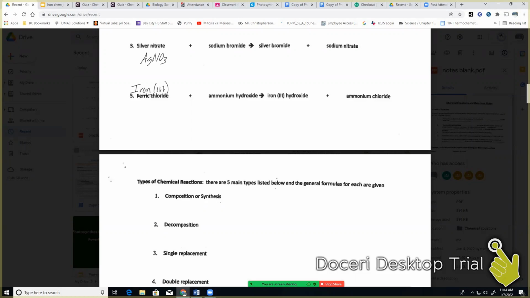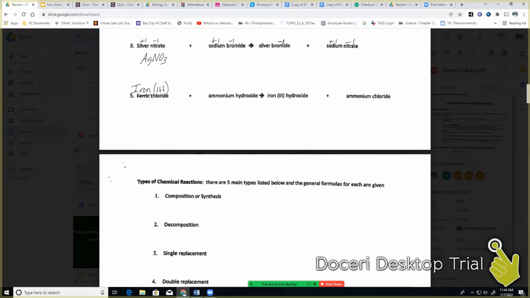If you checked the charges on these, everything was either a +1 or a -1 in every compound. Silver is a +1, bromide is a -1, +1, -1. So because of that, even when they rearrange and are combined differently, I'm only going to need one of each.